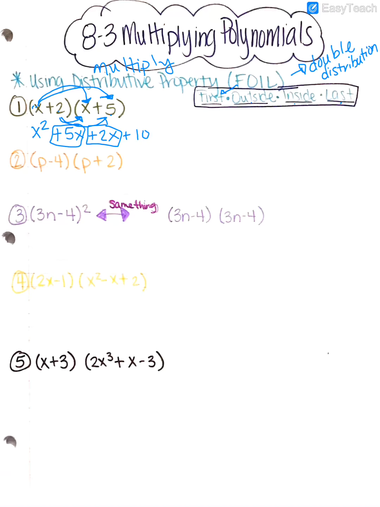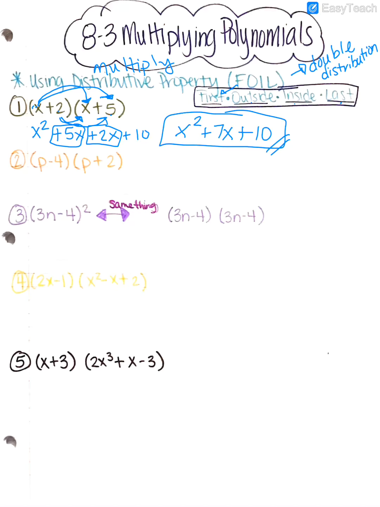So here, same sign, you add and keep the sign. So those are the only two you're going to combine. Everything else stays the same. So x squared, 5 and 2 gives us 7. Don't forget your x. And then the 10 stays the same because we can't combine it with anything else. So that will be your final answer. So that was using FOIL.